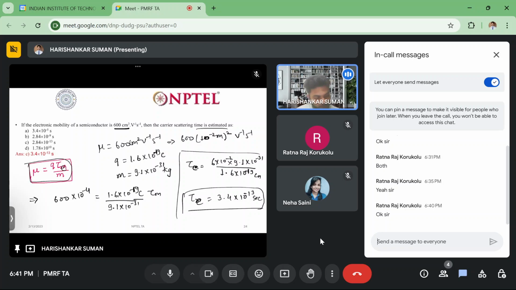Mobility is given, we know the charge q, and put in this value, you can easily get the scattering time tau. We have mobility, charge, and mass.